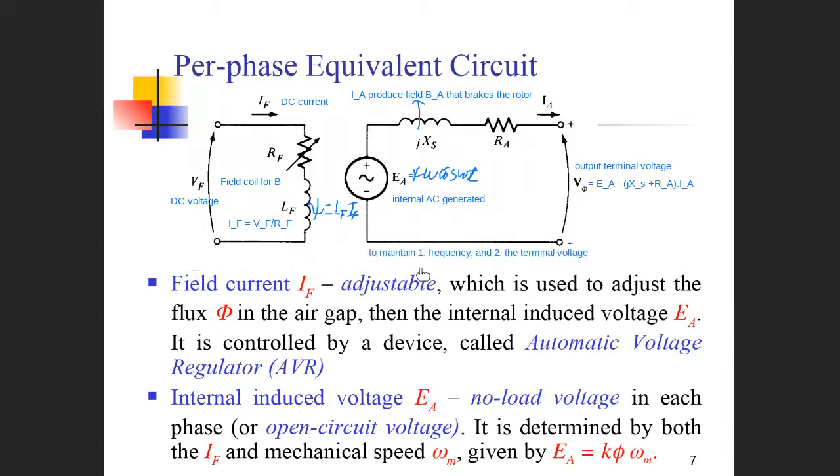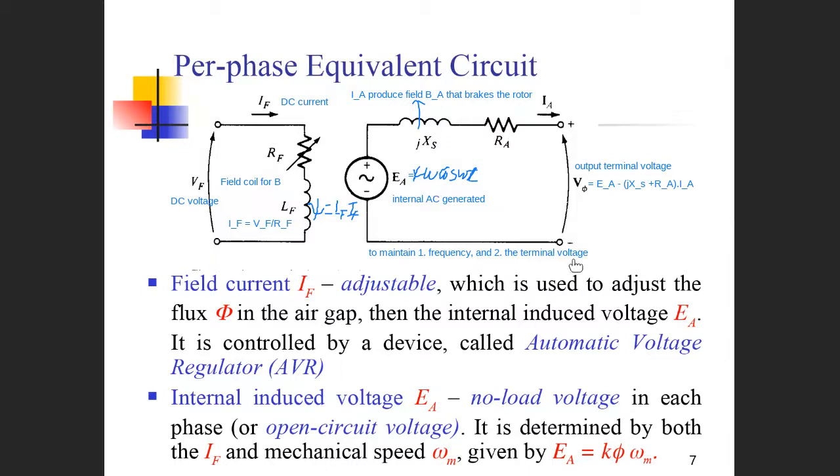So in practice, we try our best to maintain, one, the frequency, and two, the terminal voltage. Looking at the frequency, it depends on the rotary speed of the rotor, omega.